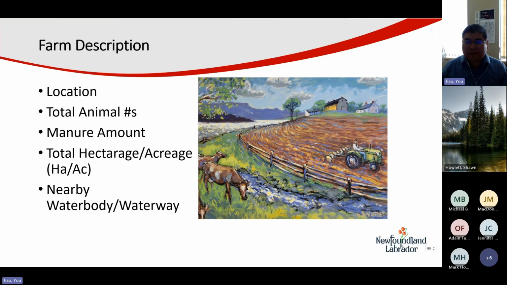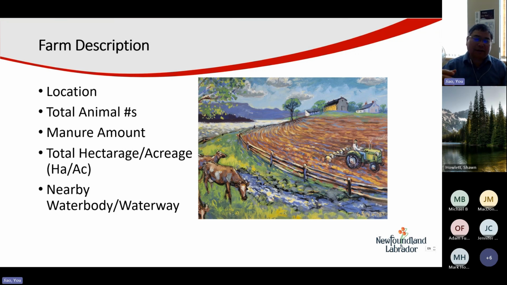So the manure amount that's generated: the dairy guys may have a volume in the manure pit, liquid, and some, like the beef farm, may have a pile. You can estimate it as tonnage. So either in tons, or in liters, or volume, and the total hectarage or acreage.